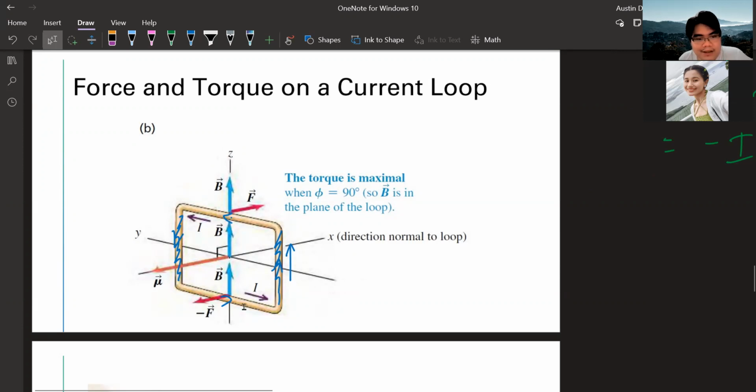And then B is also upward. So IL cross B gives me negative x direction. Mapapansin mo that hinahatak yung taas papunta sa x, hinahatak yung baba papunta to the left. And this would rotate the whole thing.